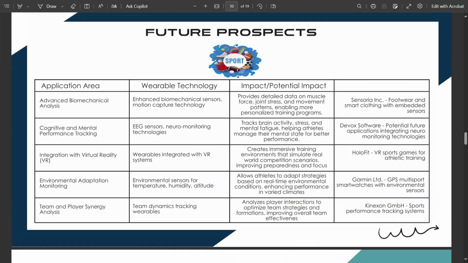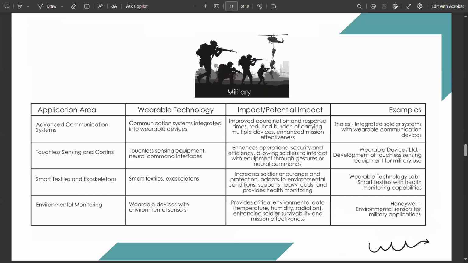For military purposes, this particular application has huge potential. Now, the advanced communication system: without having to say anything, without any radio devices, these devices can enable communication systems that are integrated with advanced technology.